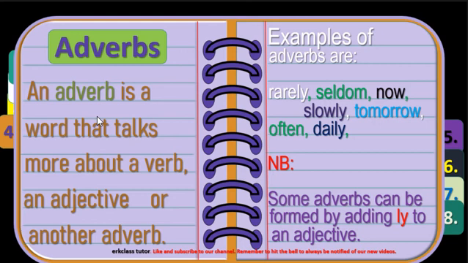So it is good to note, not all adverbs take ly. For our case here, we have the adverb now, tomorrow, and often. To recap, an adverb is a word that talks more about a verb, an adjective, or another adverb.